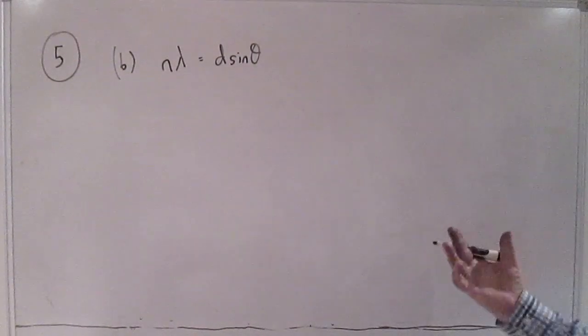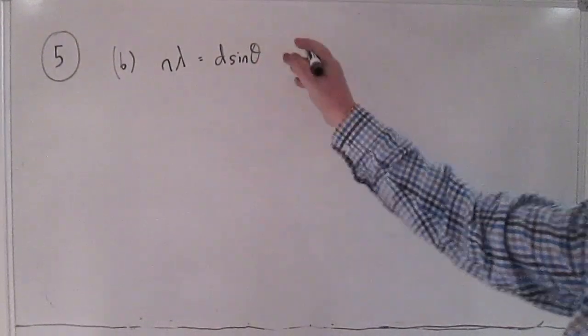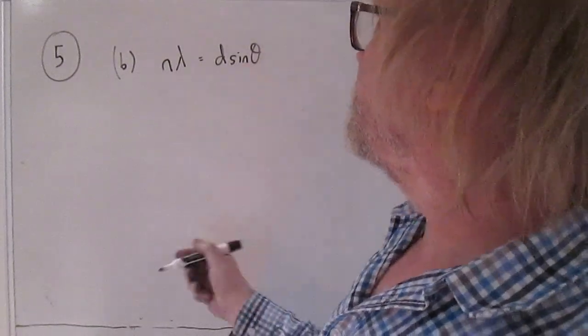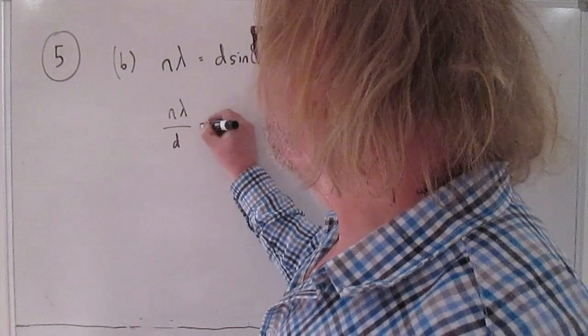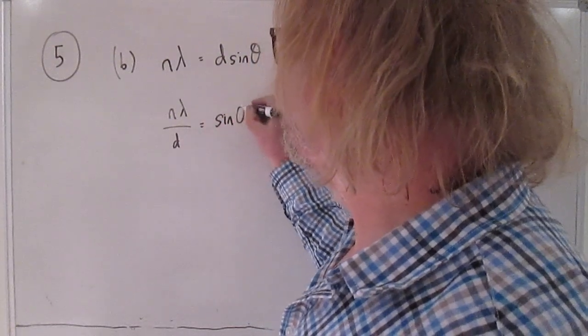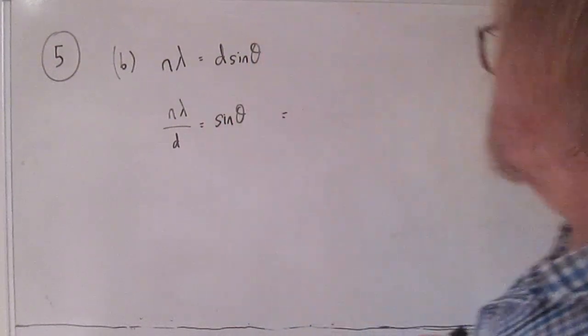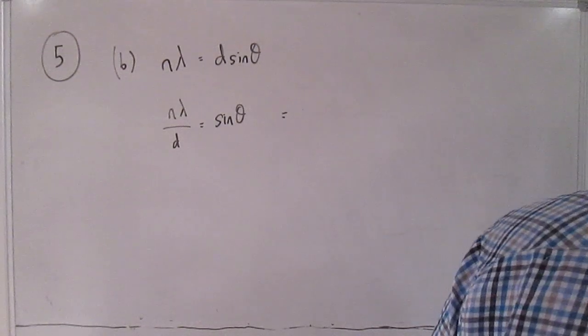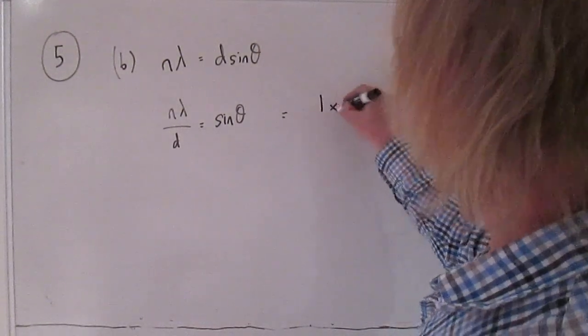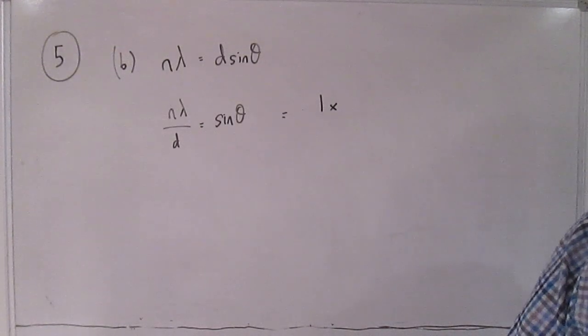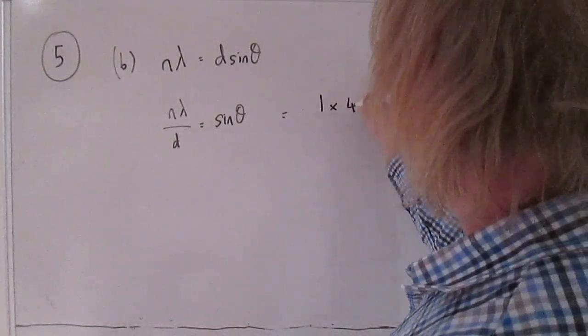So in part B this time it wants us to find an angle, so again we've got to rearrange this time to get sine theta. So n lambda over d is equal to sine theta, and then again we just put the numbers in. So it wants the first order maximum, so n is 1 times lambda, this time it's 4.5 times 10 to the minus 7 meters.